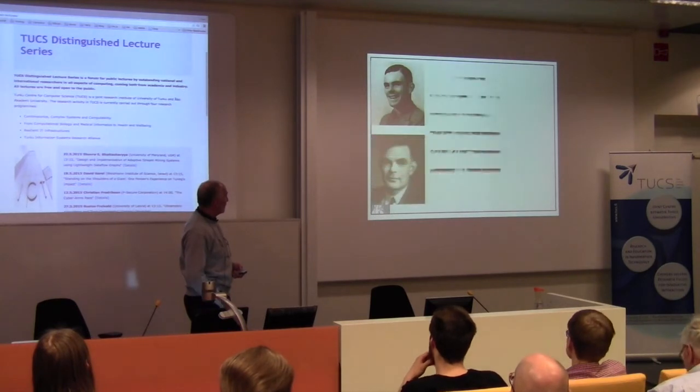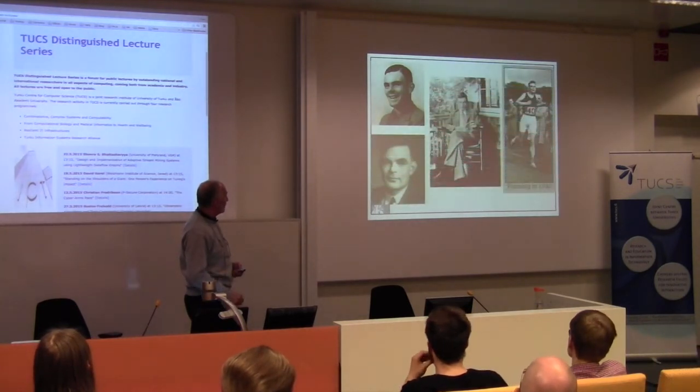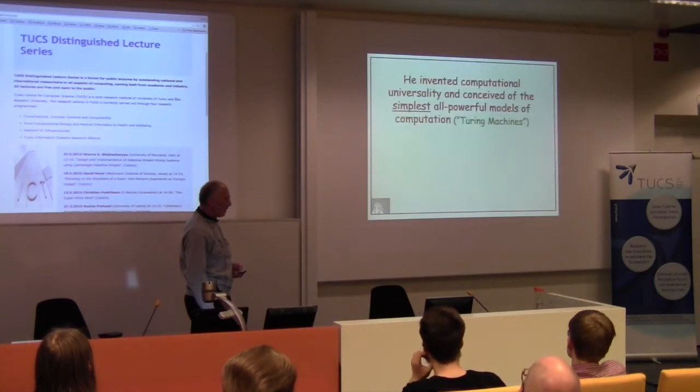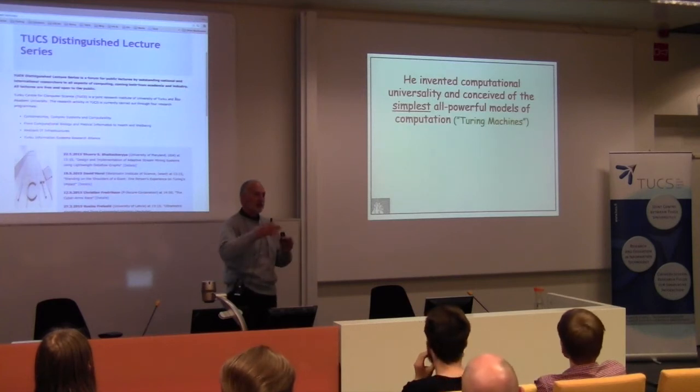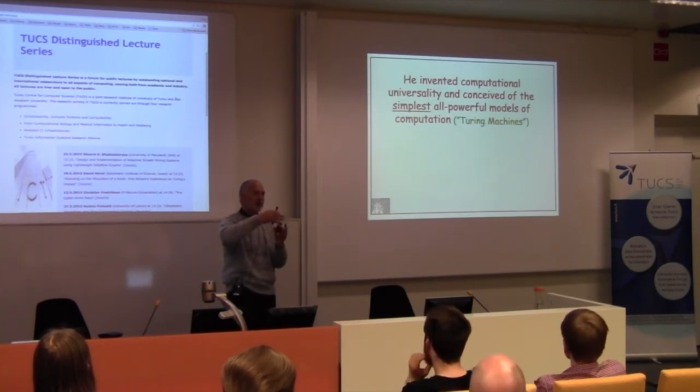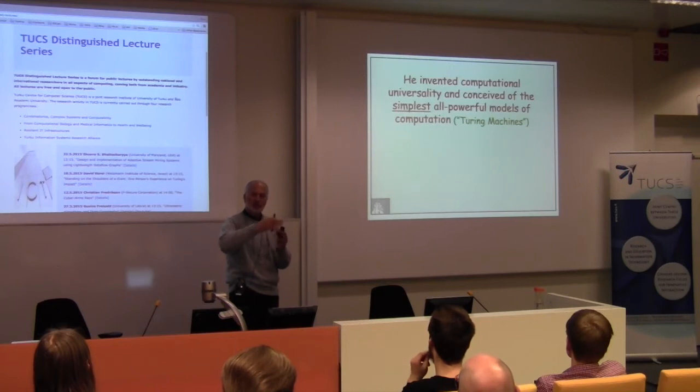So here are some pictures. Turing was also an avid sportsman. He ran. And now I have 3 slides in which I will just very briefly give, in each slide, a duality of 2 kinds of things that he did which seem almost to be contradictory.